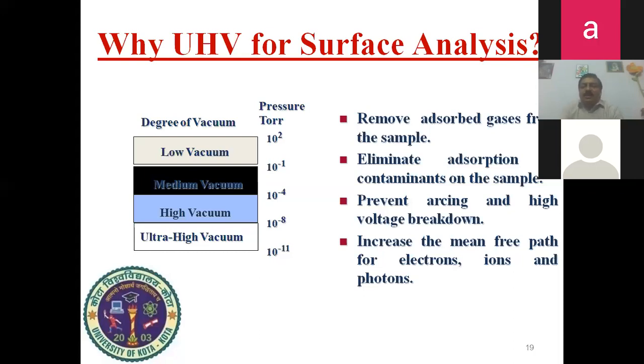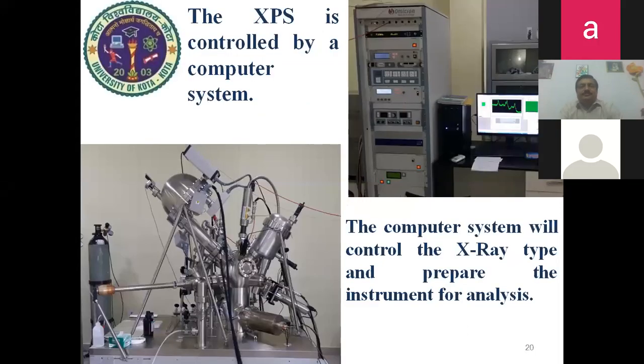It also eliminates the adsorption of contaminants on the sample. It prevents arcing and high voltage background also. It increases the mean free path for electrons, ions and photons, because air molecules are not present in the chamber, so there will be no scattering of electrons.